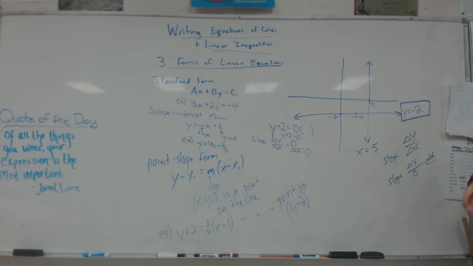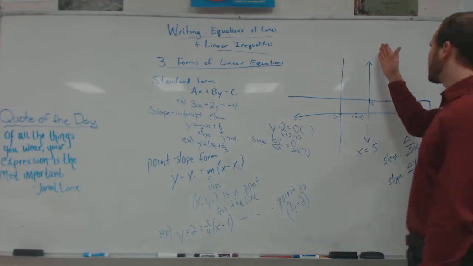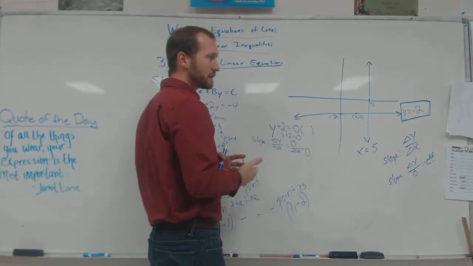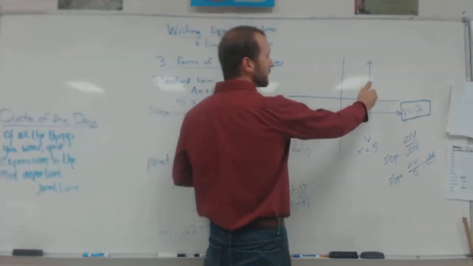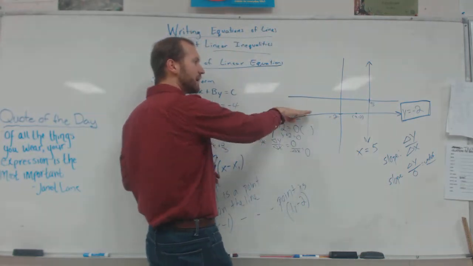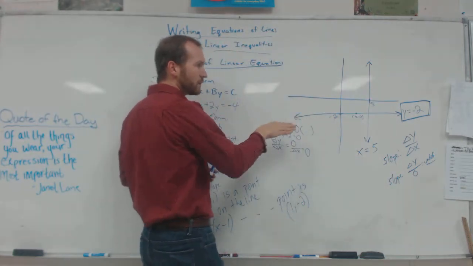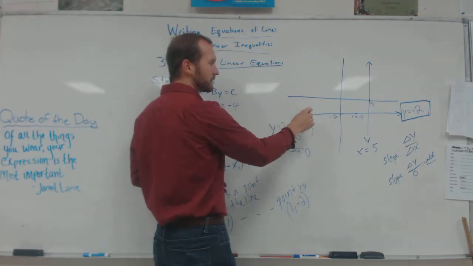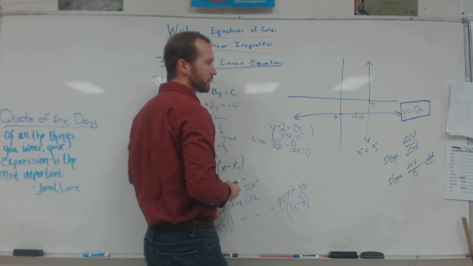And it's important just to get them straight. Vertical lines are always x equals, they have an undefined slope, because the run is 0. Horizontal lines are always y equals, they have a 0 slope because the rise is 0.